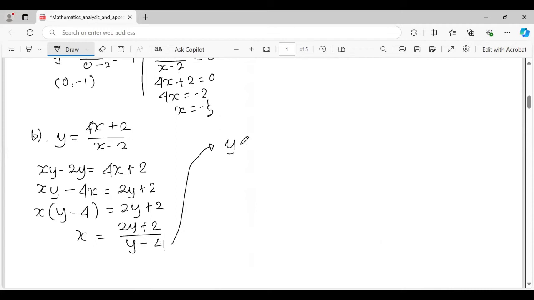So y minus 4 unequal 0. Okay, so it means y unequal 4. This is the range of f of this function, this rational function.